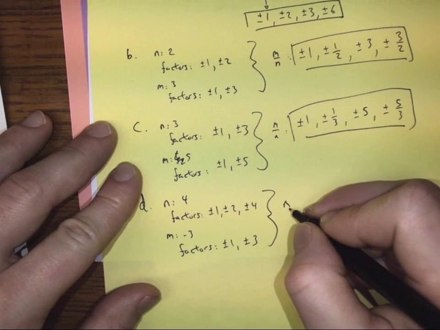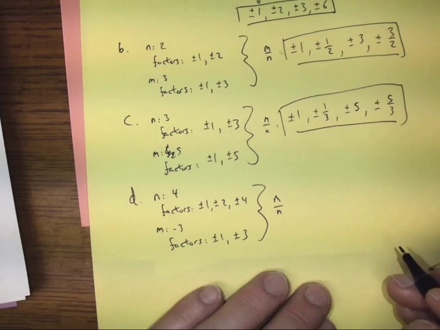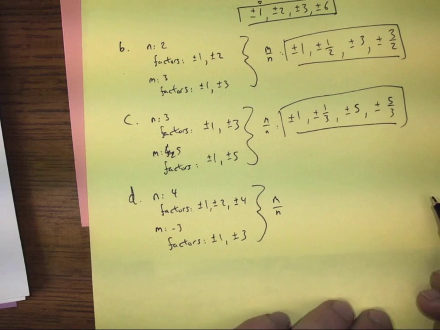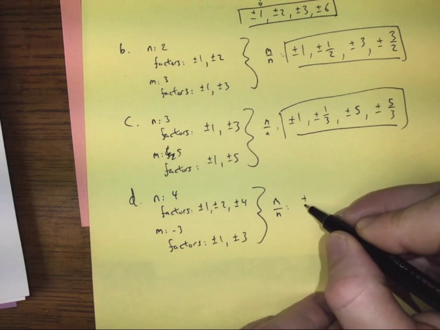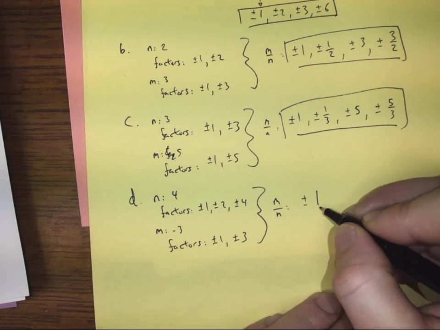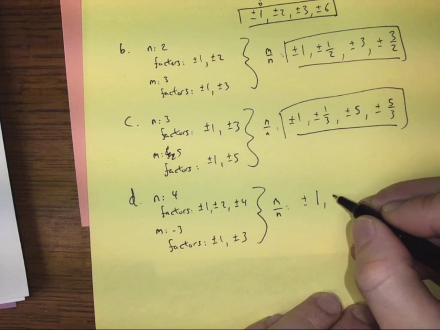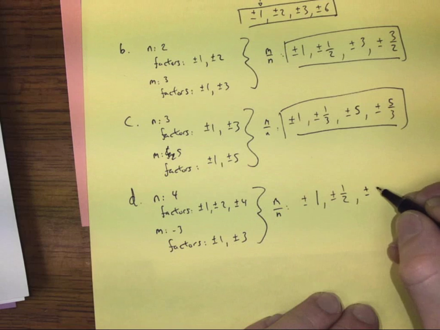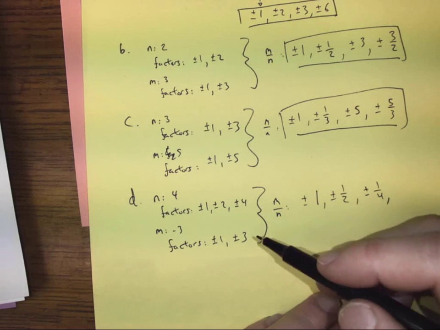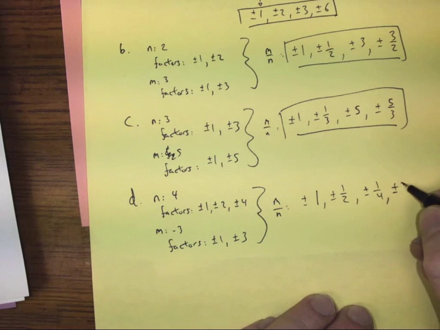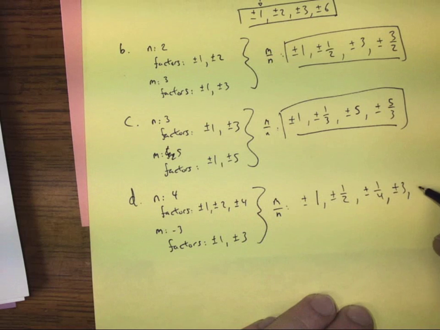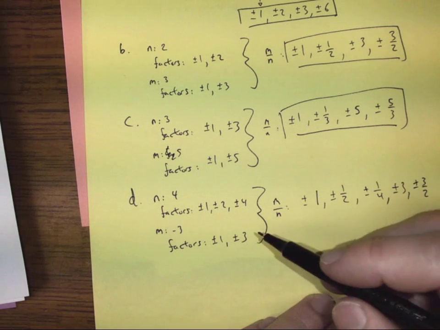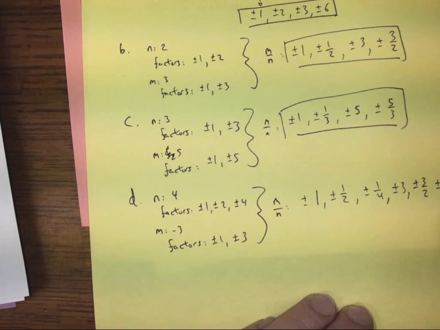So if we find all of our possible rational roots of that polynomial, they would be plus or minus 1 over 1, which is 1, plus or minus 1 over 2, which is 1/2, plus or minus 1 over 4, plus or minus 3 over 1, plus or minus 3 halves, and plus or minus 3 quarters.